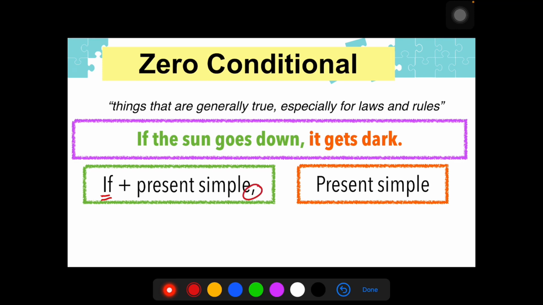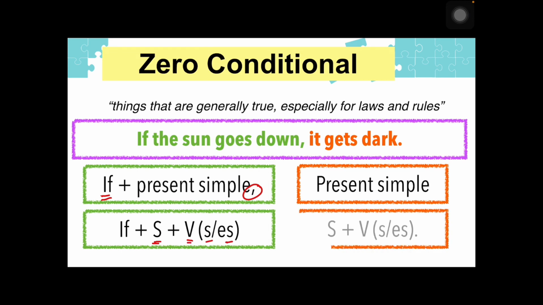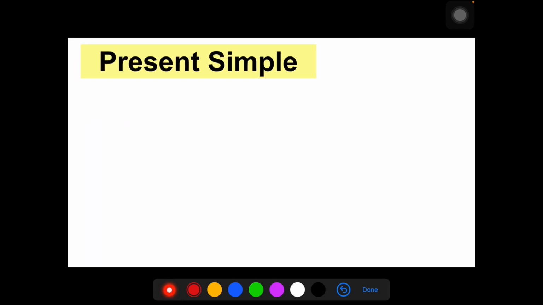So what is the present simple? Do you remember the present simple tense? It is the subject with the verb, adding s or es, or the same without the if. Alright, let's review the present simple. For the first one, we are going to look at plural subjects, which include I and you as well.